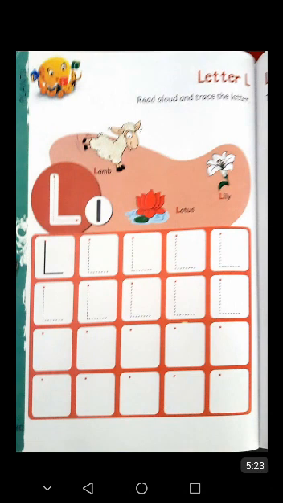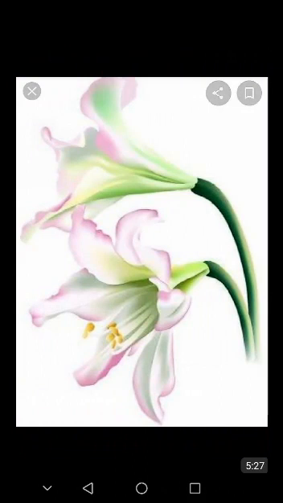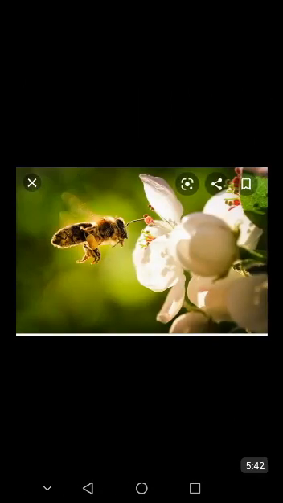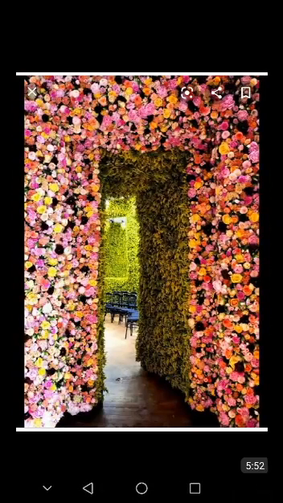Now again I recite a rhyme, that is one little lily. One little lily had nothing much to do. Out popped another one, then there are two. Two little lilies were smiling at a bee. Out popped one another, then they were three. Three little lilies were growing by the door.